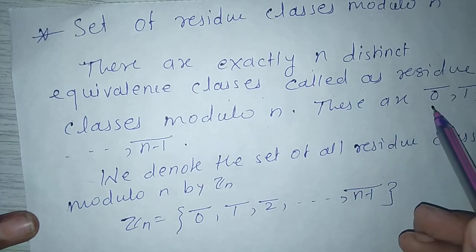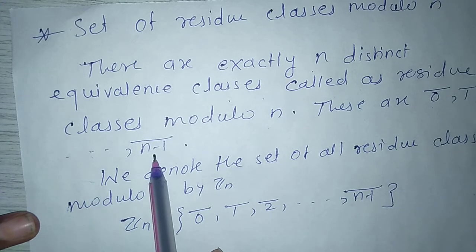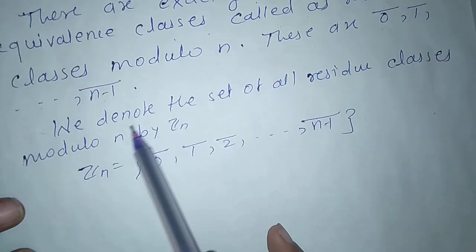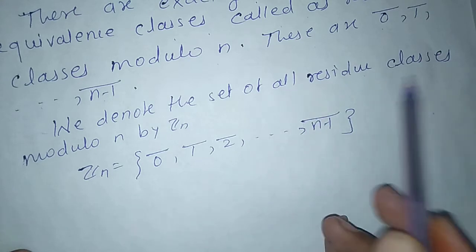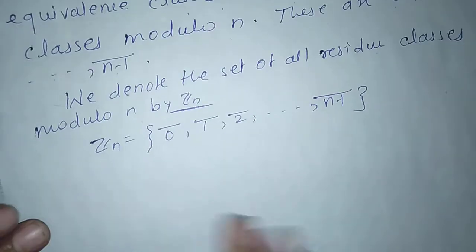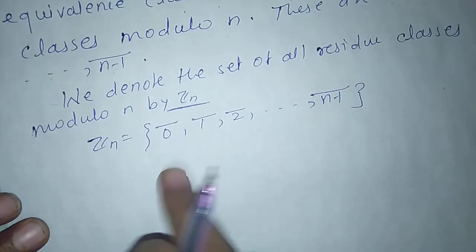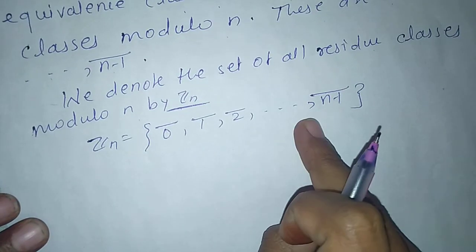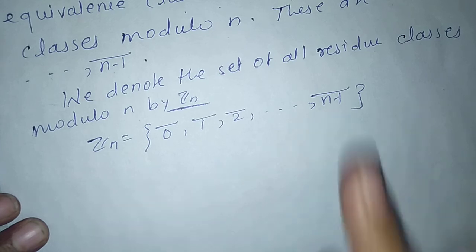These are 0 bar, 1 bar and so on n minus 1 bar. We denote the set of all residue classes modulo n by Zn. Zn is the set of 0 bar, 1 bar up to the n minus 1 bar.